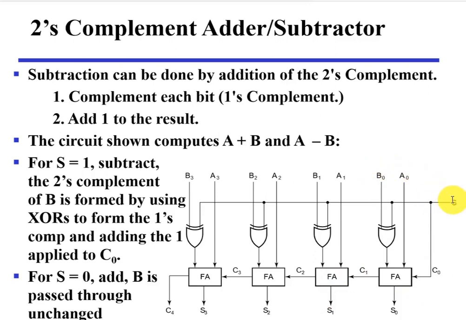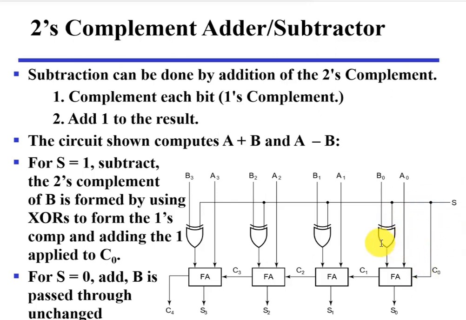Depending on the value of S, this circuit changes between adder and subtractor. For instance, if S is 1, the circuit will subtract using 2's complement.